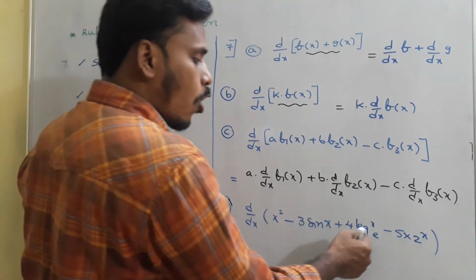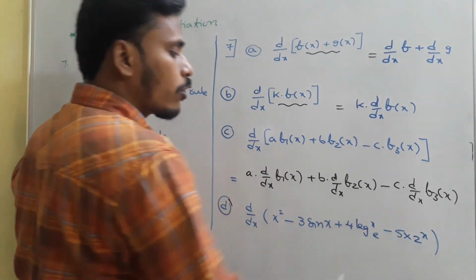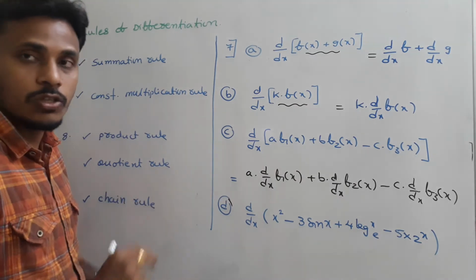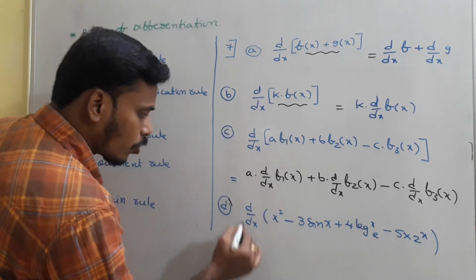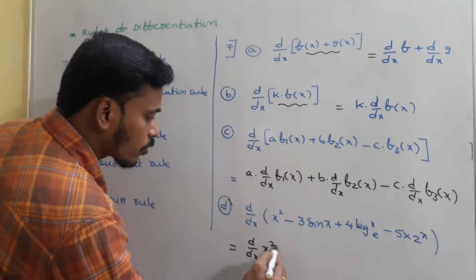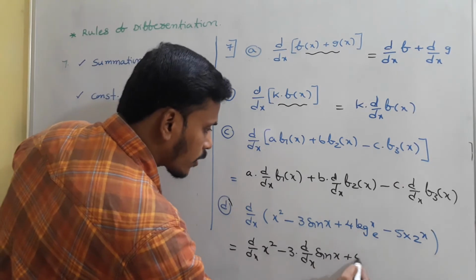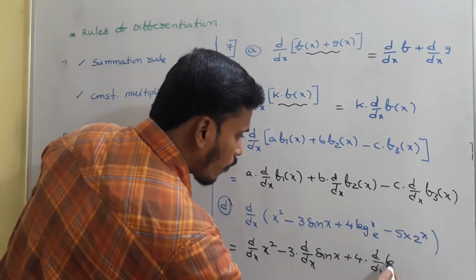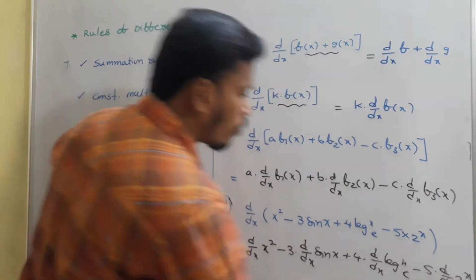X square, sin x, log x, 2 power x are the standard functions, and these are multiplications of constants with standard functions, as a summation. So this is simply d by dx of x square minus 3 into d by dx of sin x plus 4 into d by dx of log x base e minus 5 into d by dx of 2 power x.